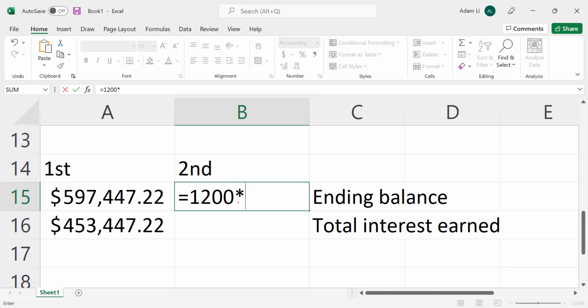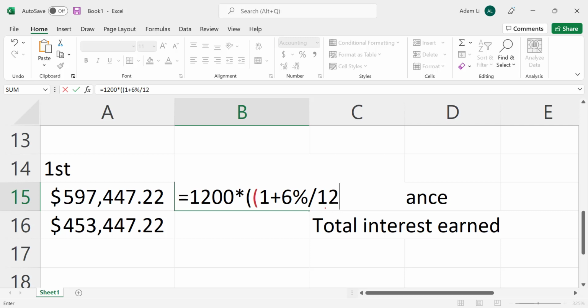Multiplied by 1 plus 6% over 12 and raised to 12 times a year for only 10 years, 120 payments.